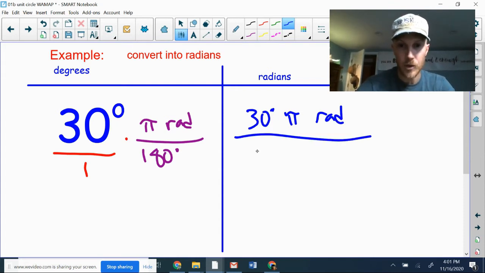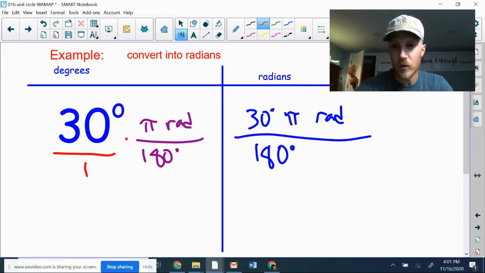On the bottom, 1 times 180 degrees. So units cancel. I've got degrees on the top and degrees on the bottom. Those cancel. The pi is not a unit. That is a symbol. It's going to stay put. Radians, that is a unit. That's going to stay put.